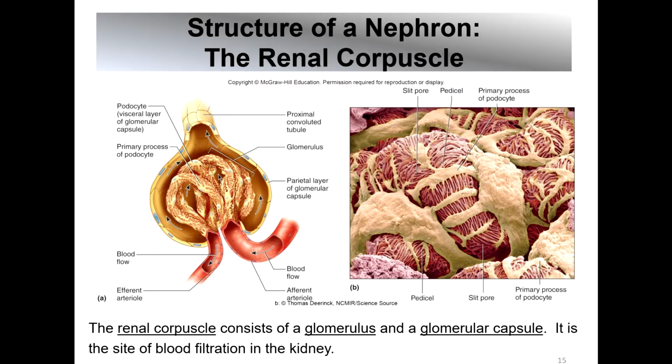What's significant about the size is that by having a larger input vessel than output vessel, more fluid is going to flow into the glomerulus than is going to leave it. The smaller size of the efferent arteriole helps maintain capillary hydrostatic pressure in the glomerulus. Because there's a smaller tube leaving, that helps keep the pressure high in the glomerulus.